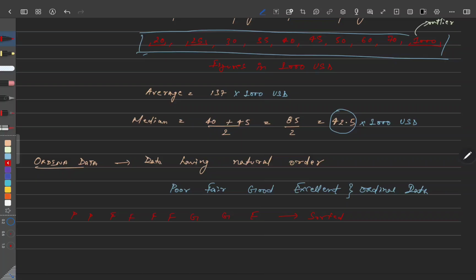Now how many data points do we have? 1 2 3 4 5 6 7 8 9, right? So odd number case, so we can simply do 9 plus 1 divided by 2, and 5. 1 2 3 4 5, so this would be the median. This divides the data into two equal halves, 1 2 3 4, 1 2 3 4. So this is the median.